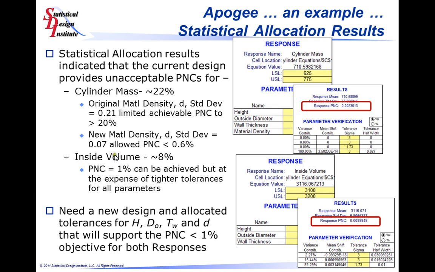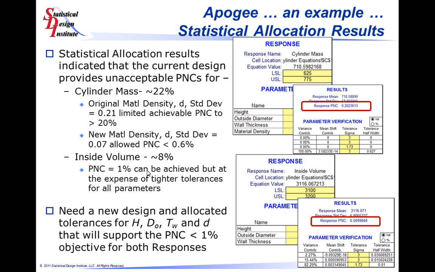However, the end result was that for the inside volume, we were still basically about an 8% PNC on it. We could tighten our tolerances and get down to 1% or less, but it did drive a lot of the tolerances in other areas, and then we still had this problem of meeting both requirement PNCs at the same time.